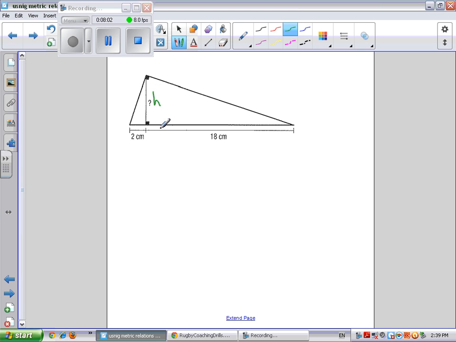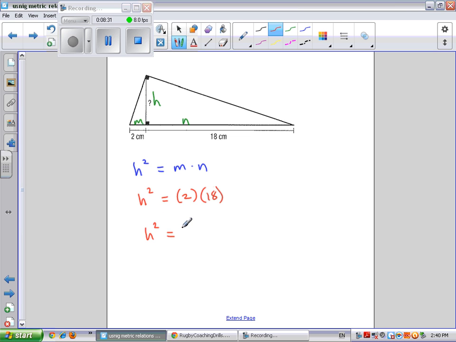But this time, we're given basically the two projections onto the hypotenuse. And hopefully what you remember from the first slide was that the altitude squared was equal to the product of the two projections. And so from there, again, straight substitution, h squared is equal to 2 times 18.